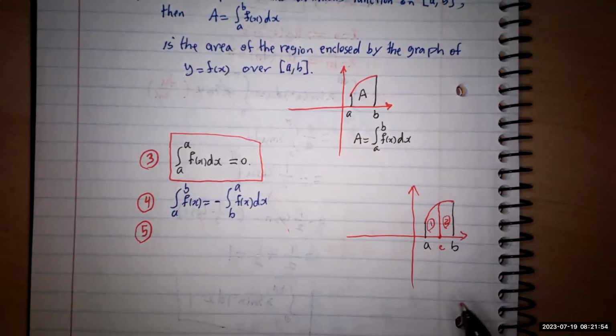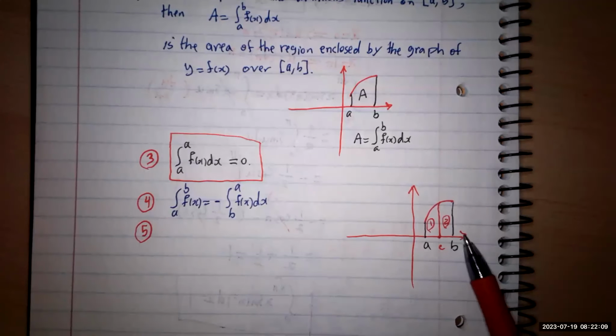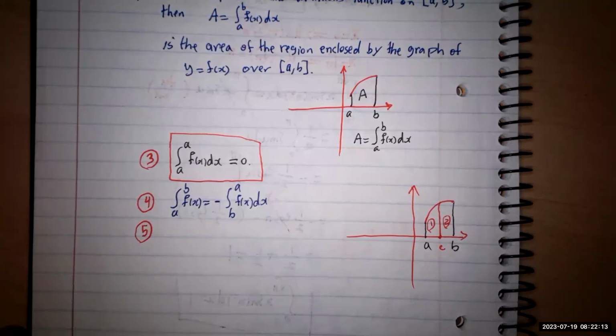So naturally, now if you want to find the area under the curve, or the integral of your function, it is going to be the area of the first one plus the area of the second one. The area of the first one would be the integral from A to C, and the area of the second one would be the integral from C to B. And that is very, very important.